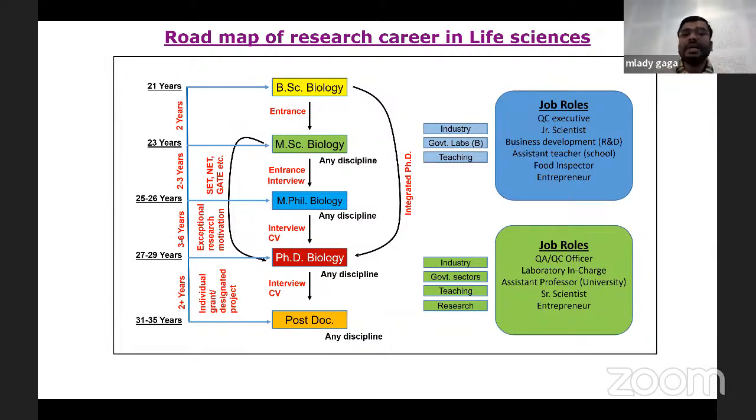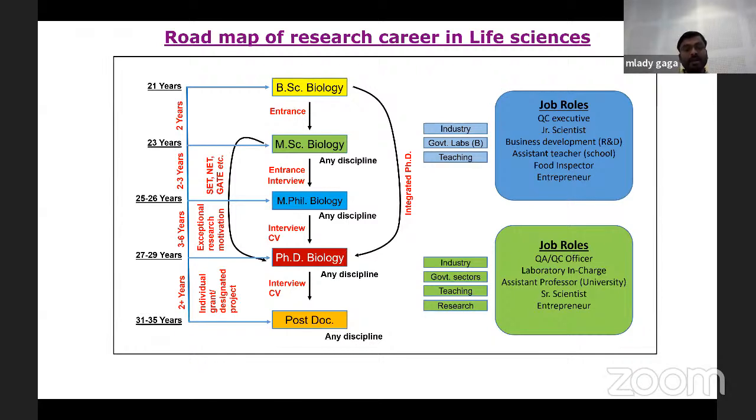So after masters, there are certain job opportunities. For example, you can go to industries. If you did your masters in agrobiology, plant science, horticulture, and so on, you can join industries like the seed industry, like Ajit Seeds, for example, Mahyco, this type of industry.